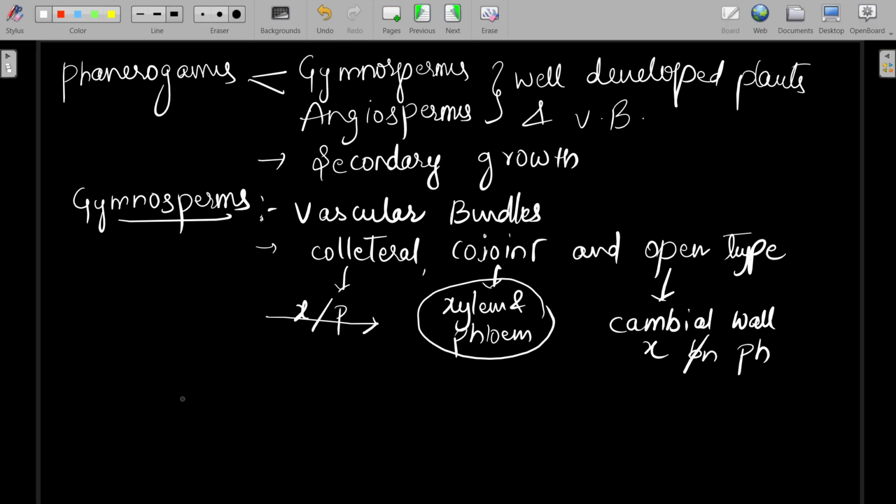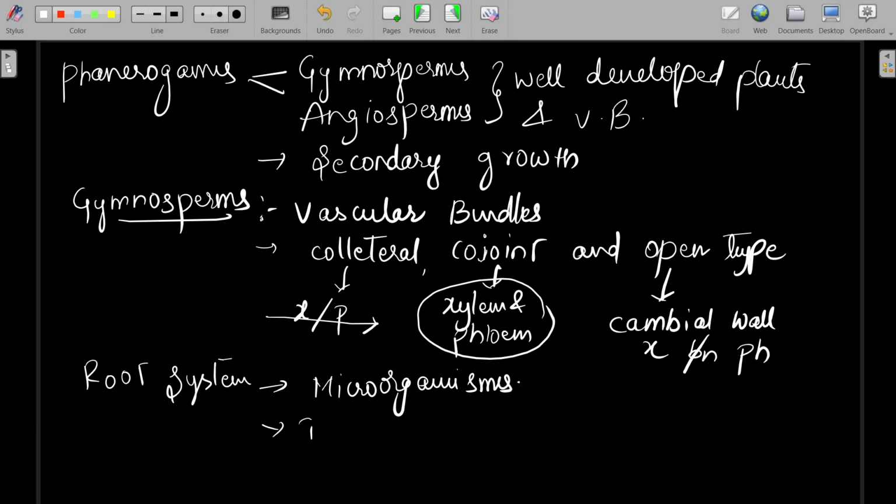Next, coming to the root system. In gymnosperms, the root system is associated with microorganisms. In Cycas, we can see coralloid roots.